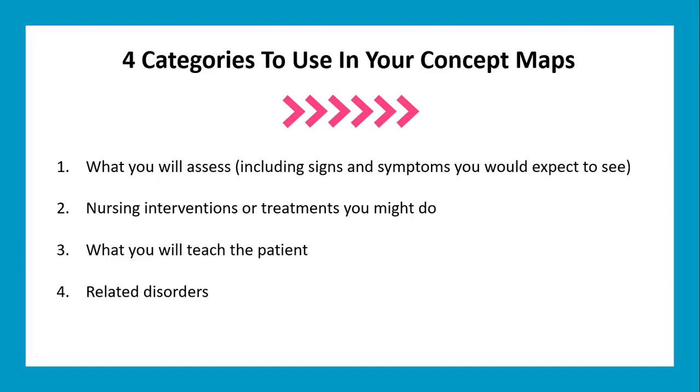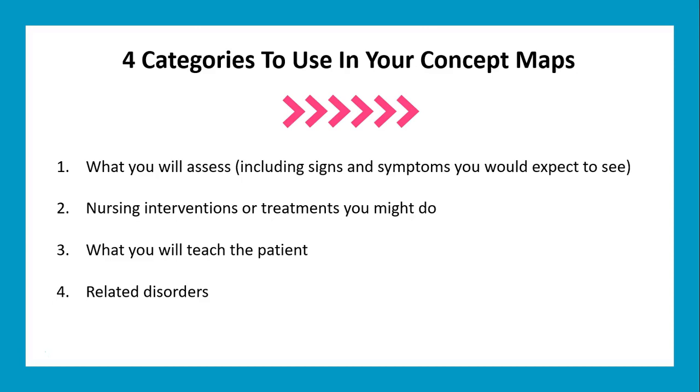The fourth category is what disorders are associated with your main disorder. This is really where you use your awesome critical thinking skills. Make a list of disorders that are related to your main disorder on your concept map. In our example, our main disorder is diabetes mellitus type 2, and the related disorders are hypertension, retinopathy, and neuropathy.